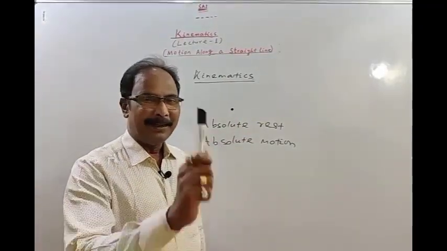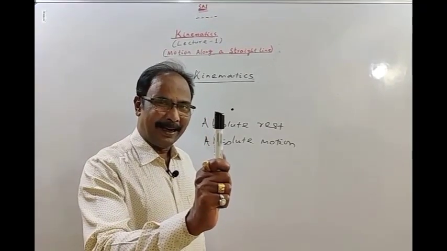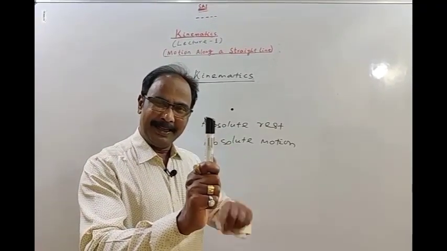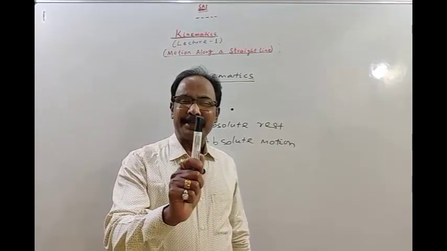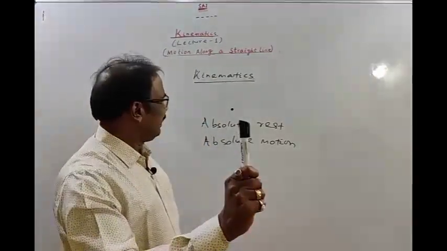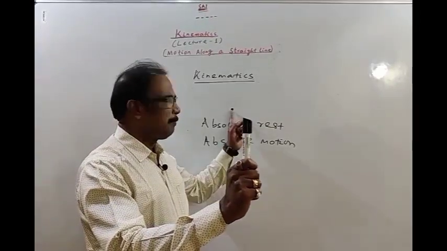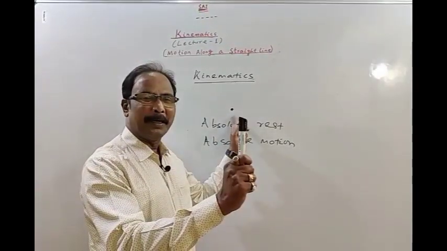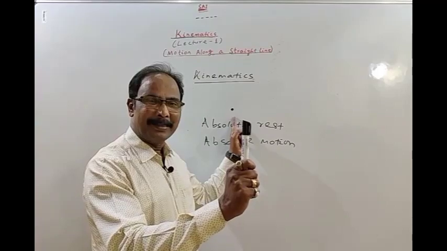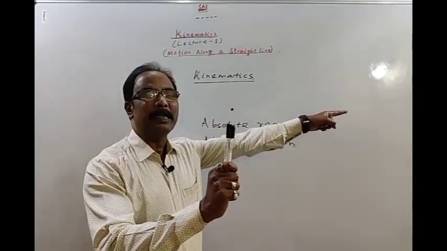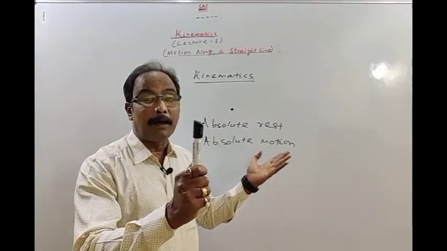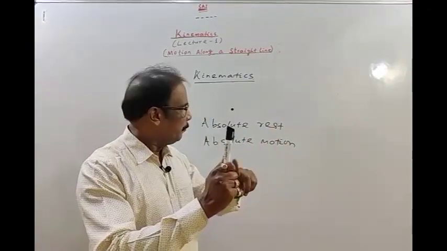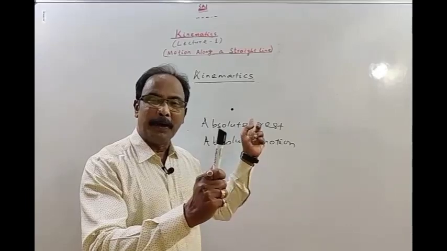But if I say this body is at rest because the body is not changing its position, then how can we discuss it? This body is not changing its position with respect to the reference point, but practically what happens? This reference point is moving, this body is moving, but the body doesn't change its position with respect to the reference point.